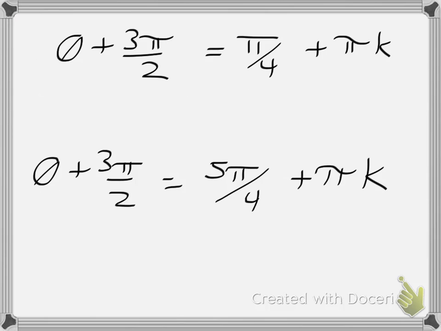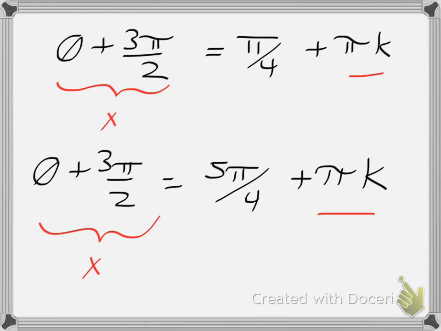In other words, I'll have these two equations. Instead of x, which is what this expression was, I've now put back in theta plus 3 pi over 2, and then the same thing down here. Originally it was x, now say theta plus 3 pi over 2 equals both pi over 4 and 5 pi over 4, and I have to include my pi k.